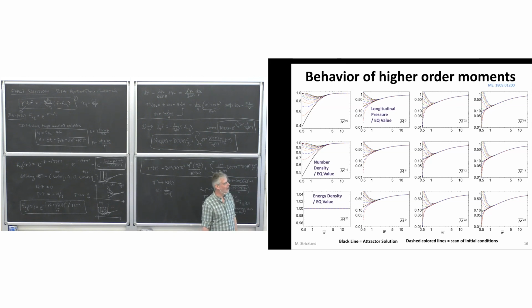It wasn't just the hydrodynamic degrees of freedom, it was every moment of the one particle distribution function collapsed. And what that told me immediately was that, well, at least within RTA and the set of assumptions that I had made, there was an attractor for the entire one particle distribution function, that it was beyond hydrodynamics.